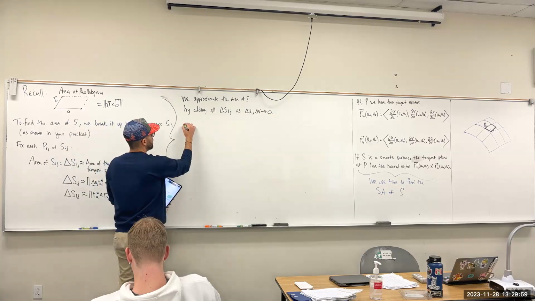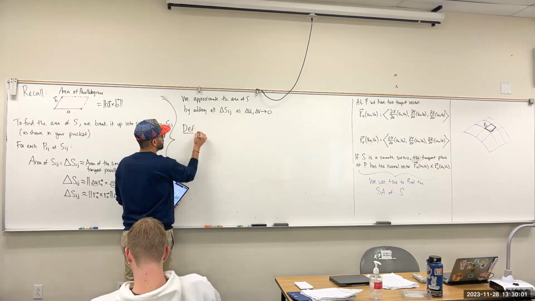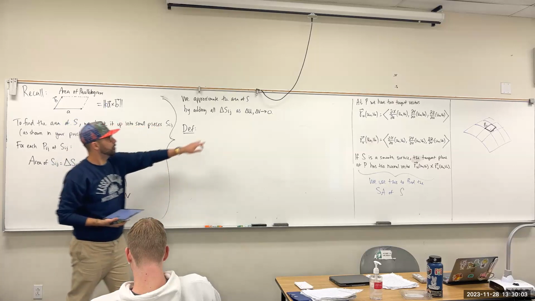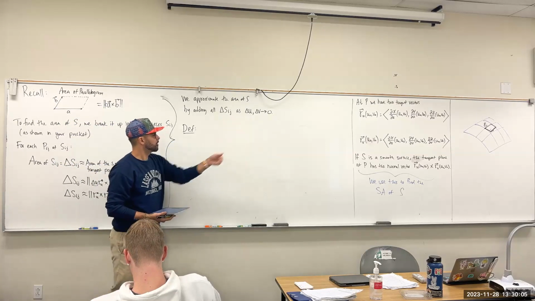And then once we do that, that's how we're going to get an integral in this case. But it's going to be a sum of two things, for U and for V.